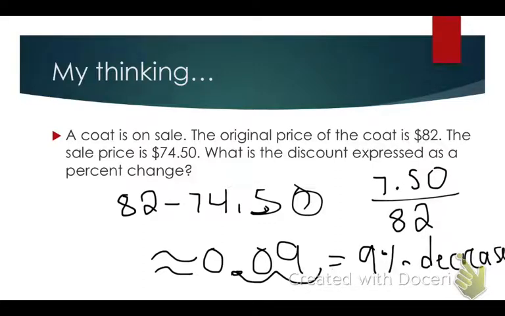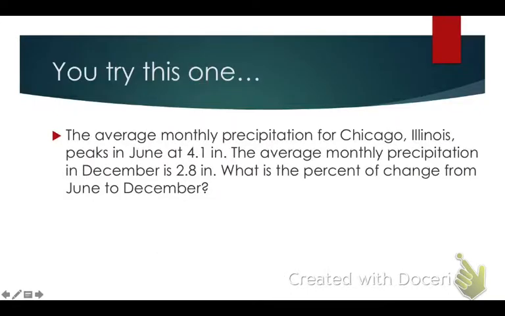So the cost decreases by 9%. All right, I want you to try this one. Pause the video and try it, and then unpause and check your answers with me.